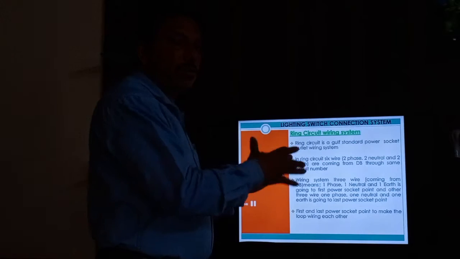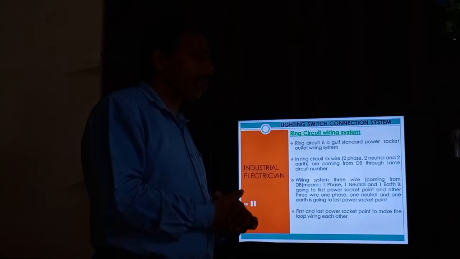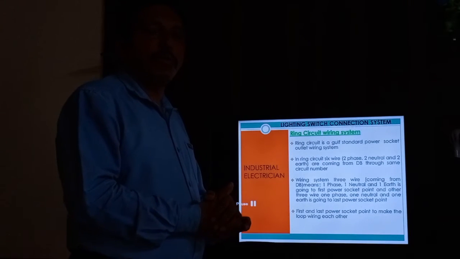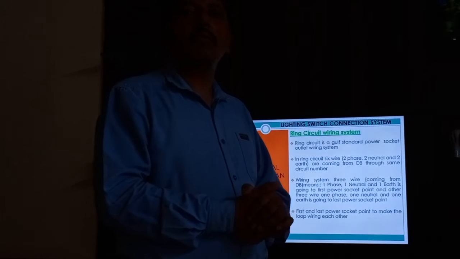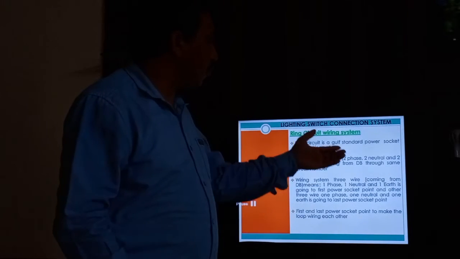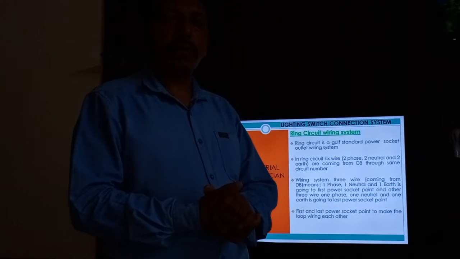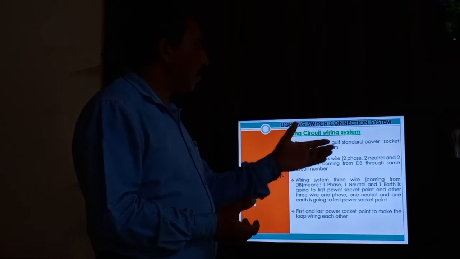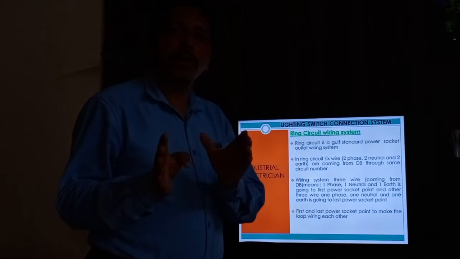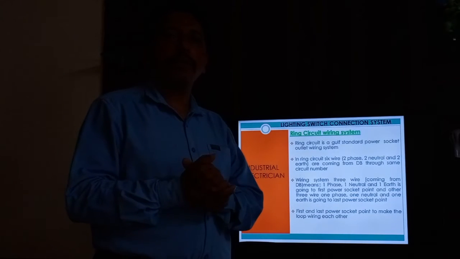This is the difference. So the ring circuit is especially used with 4 mm square wire, only for power socket outlet wiring. This kind of wiring we can use with 4 mm square wire.